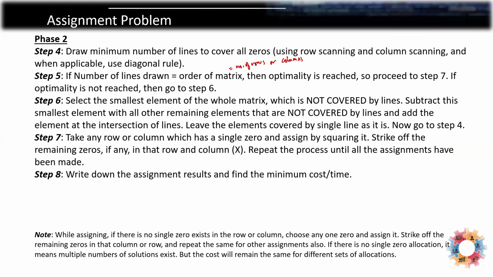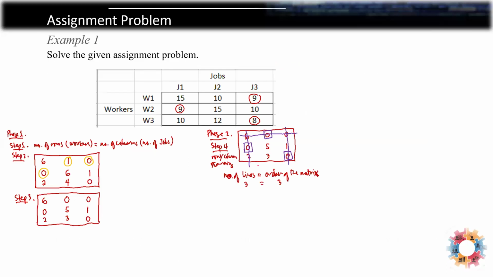And in number 7, it says take any row or column which has a single 0 and assign by squaring it. Actually, we already did that, no? We already squared those zeros. So you proceed to step number 7 because in step number 5, the optimality test is satisfied.